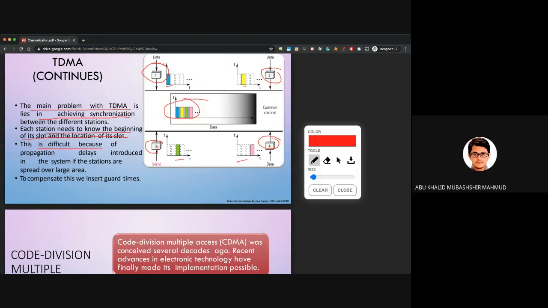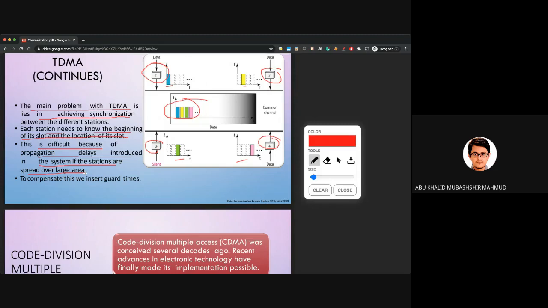This is difficult because of the propagation delays introduced in the system if the stations are spread over a large area. If, for example, there are 4 radio stations only in Dhaka, that is manageable.